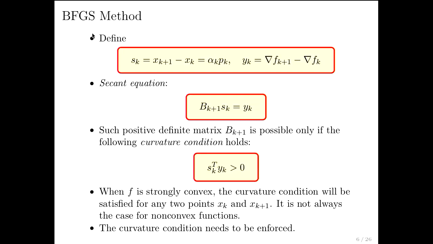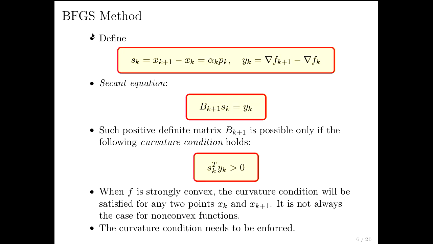What happens if I hit both sides of that equation from the left by S transpose? Well, if B_k is positive definite, then the left side is always positive.